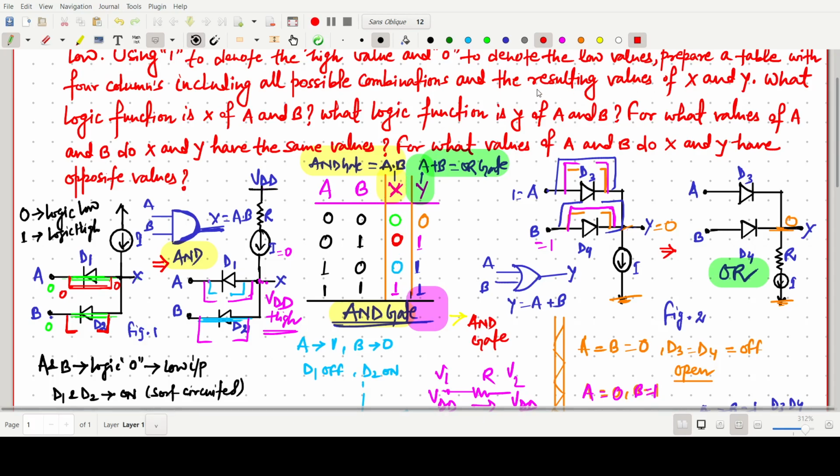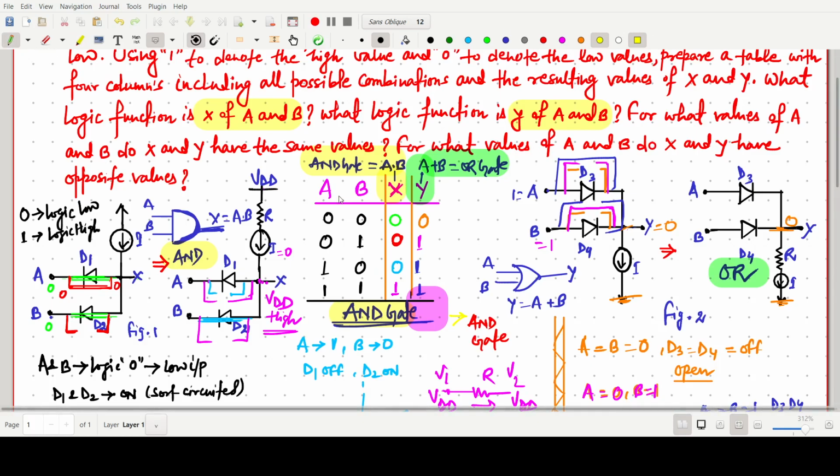Clear? Now, what are the logic functions? X is our AND gate of A and B, and this one is our OR gate. For what values of A and B do X and Y have the same value? X and Y have the same value for the common inputs 1 1 and 0 0. When A and B are the same, the X and Y values are the same. When A and B are different, they have different values.